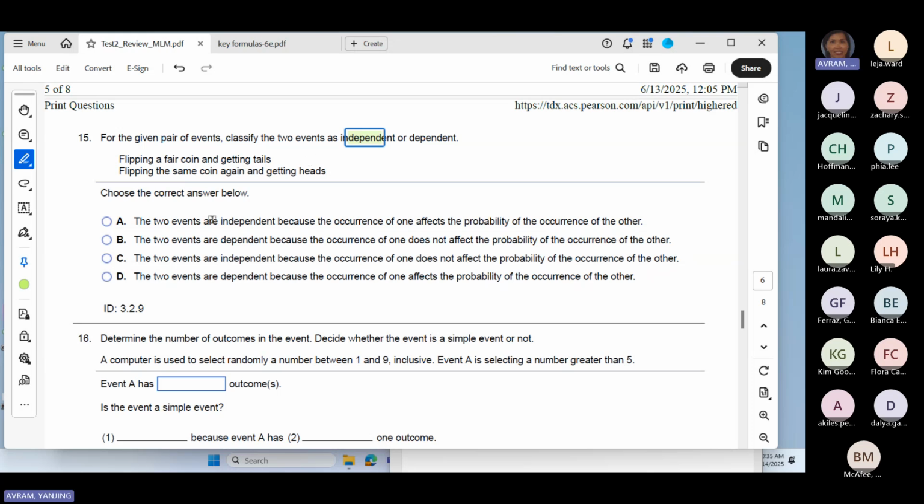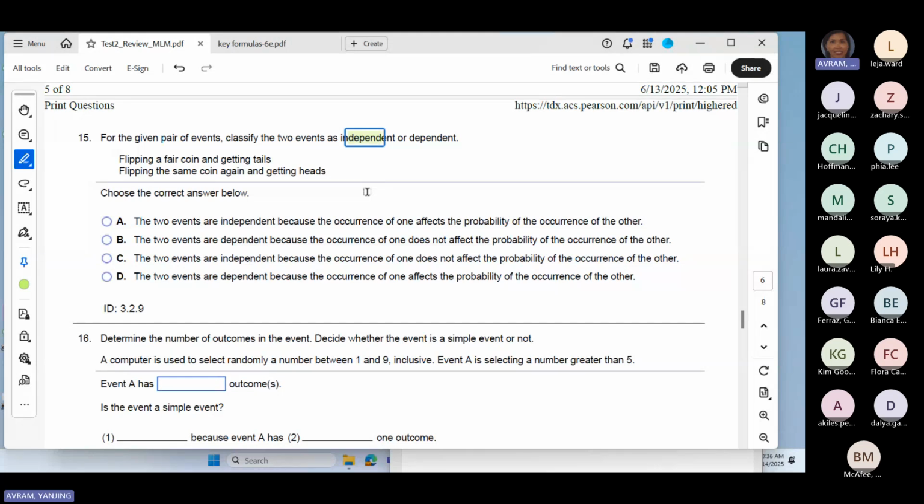Dependent or independent? So the first event here is flipping a fair coin and getting tails. And then the second event is flipping this same fair coin again and getting heads. Are they dependent or independent?